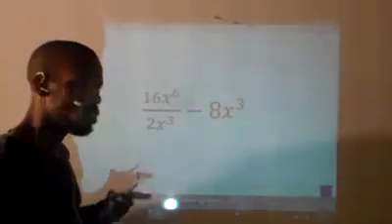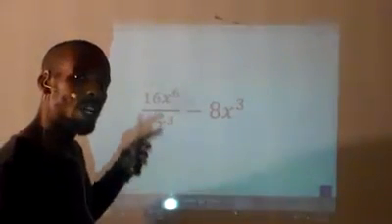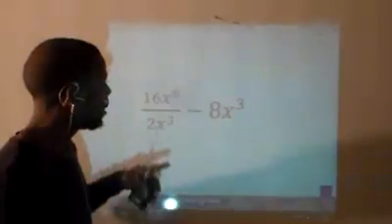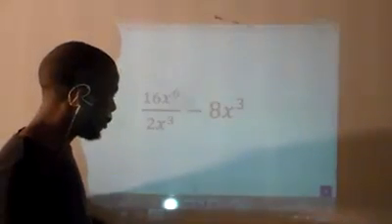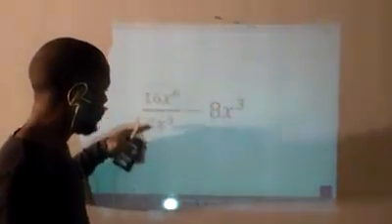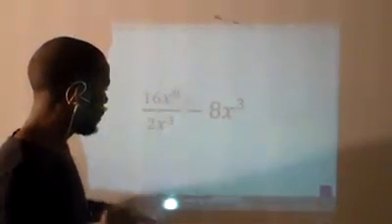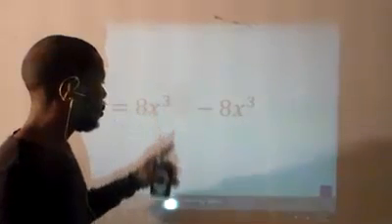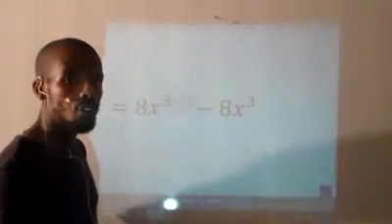So the power of the x at the top will subtract the power of the x at the bottom of that fraction. So it becomes 6 minus 3, and 16 divided by 2 will be your 8. So we have 8x to the power of 3 minus 8x to the power of 3.